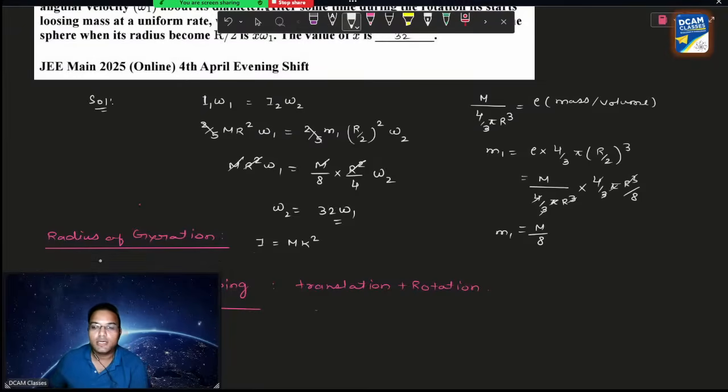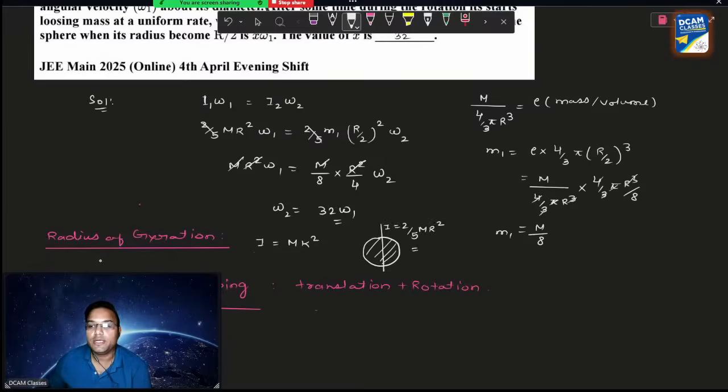Suppose you have a solid sphere here. Mass is uniformly distributed and every mass is at a different distance, but we know its moment of inertia is 2 by 5 mr square.